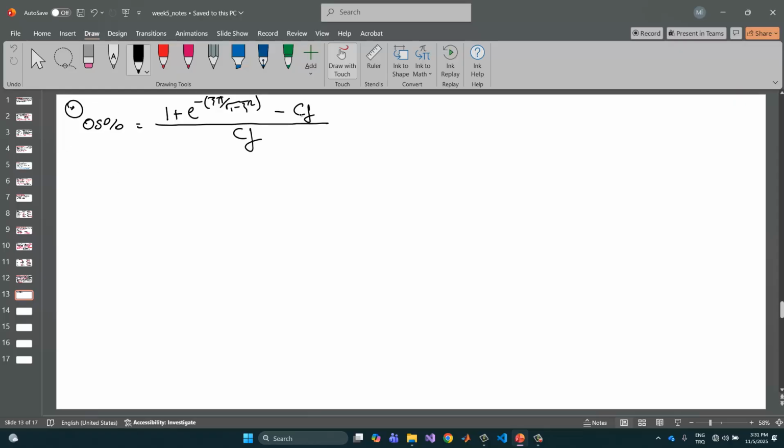What is the value of C final? 1. And so it yields us e to the power of minus zeta pi divided by square root of 1 minus zeta squared, times 100. Right? This is simple. Okay.